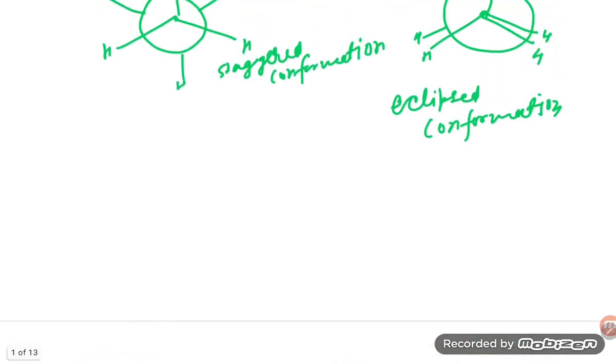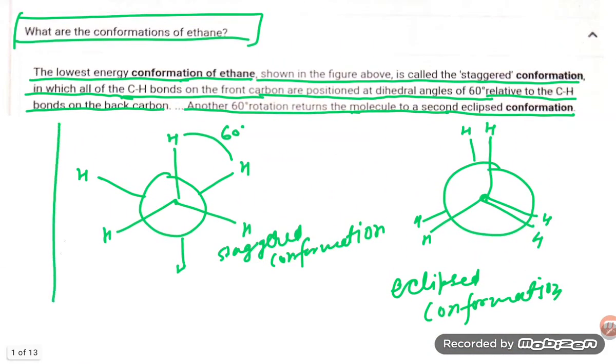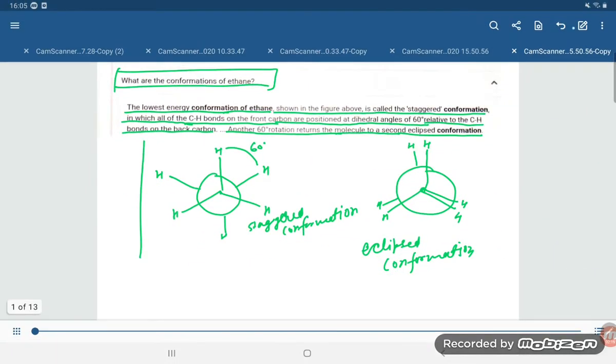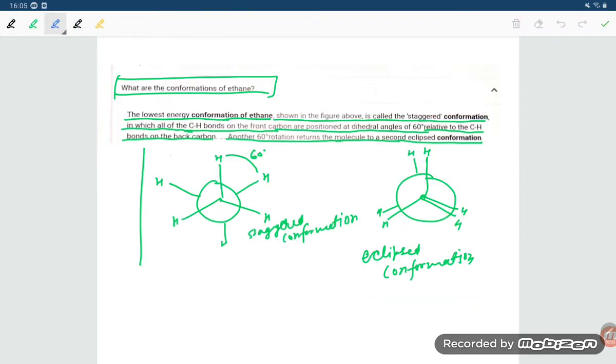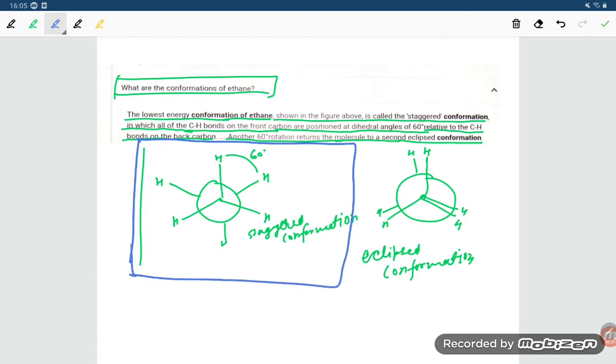In this structure they have the maximum bond angle, so there is least repulsion, and least repulsion implies most stable.